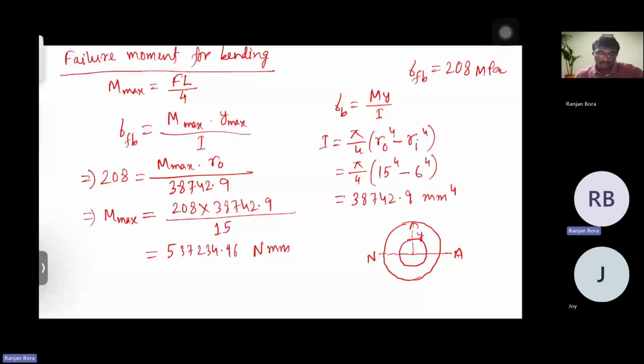So this is the maximum bending moment that can be applied in the bone for this 3-point bending load.